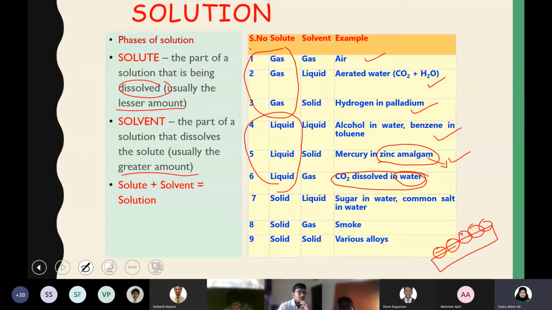It should be water present in CO2 gas, which is more ideal than writing CO2 dissolved in water. You can rewrite this part as water present in CO2 gas. That means the gas, which is the solvent, is more than the liquid. Am I clear?